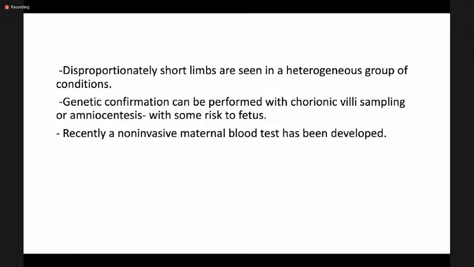That's why we said that if the diagnosis has to be made at this stage, then you want to do counseling to the parents, because with these invasive procedures there is a risk to the mother and also to the fetus. Below it says that recently non-invasive maternal blood tests have been developed. They have not reached our country as yet.